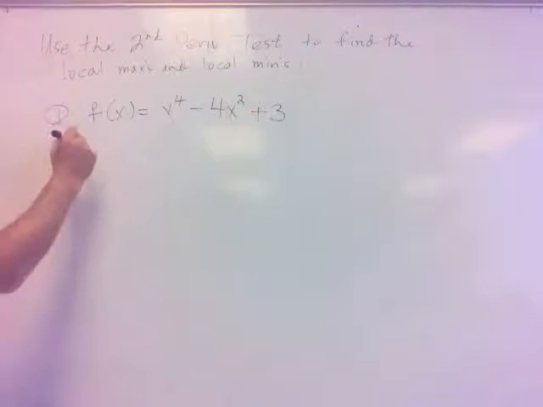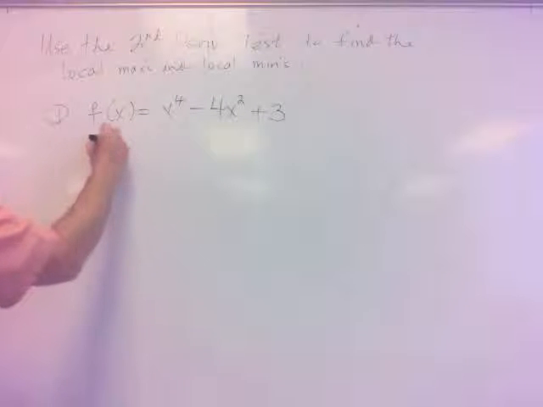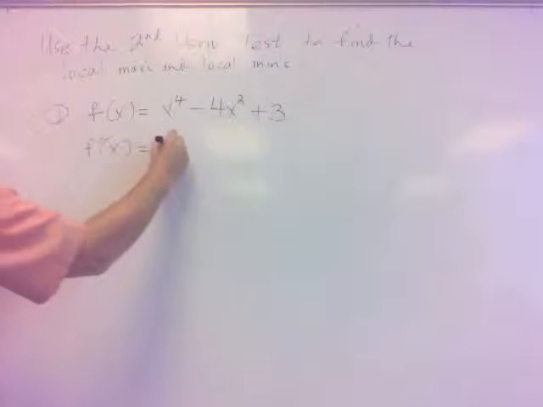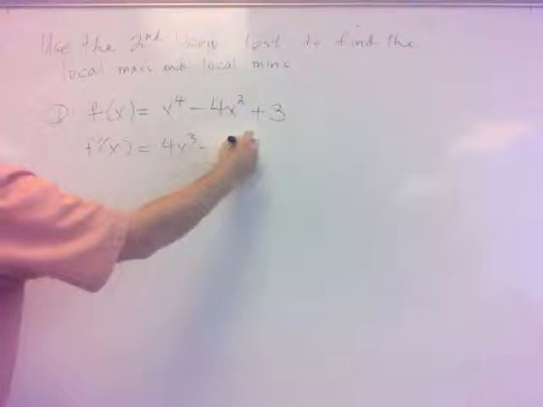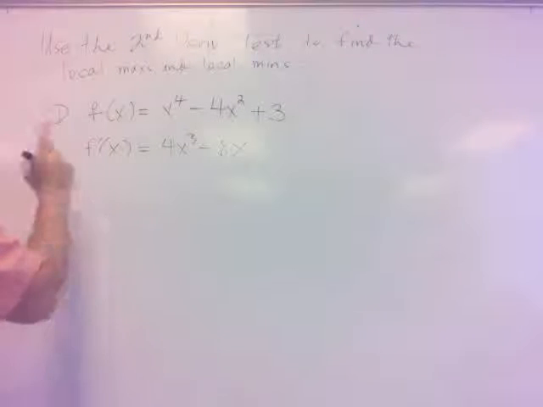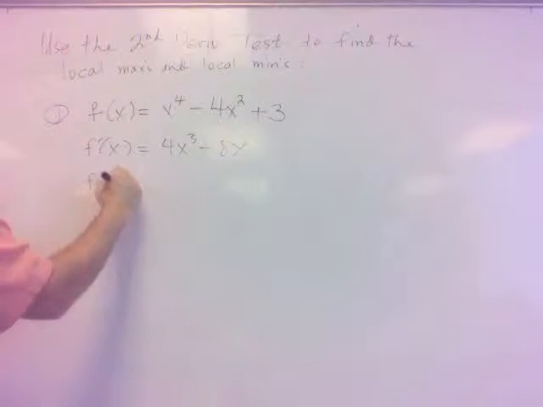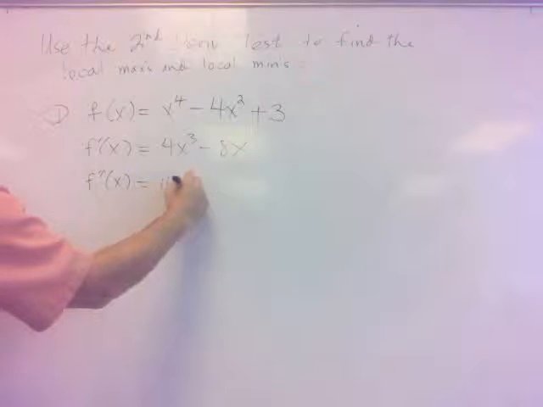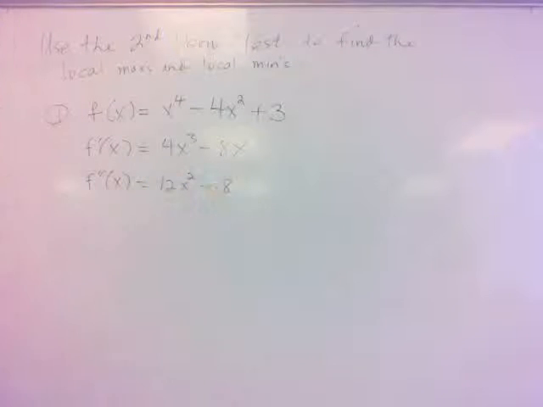Okay. Well, we're using the second derivative test, but we still have to find the first derivative. It's 4x cubed minus 8x, isn't it? But let's go ahead and do the second derivative as well. It'll be 12x squared minus 8.